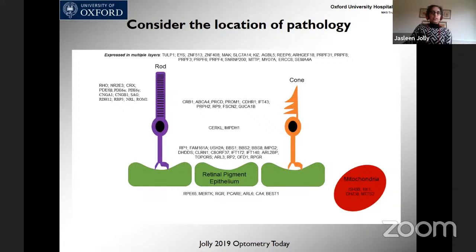These ones are just in rods in the outer segment. And then these genes affect the retinal pigment epithelium, for example. And eventually it would be really nice to be able to look at the gene and, by knowing where it works, be able to identify which markers are going to be the best to use in clinical trials.